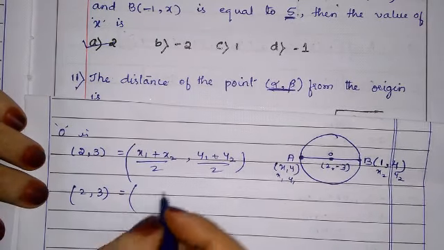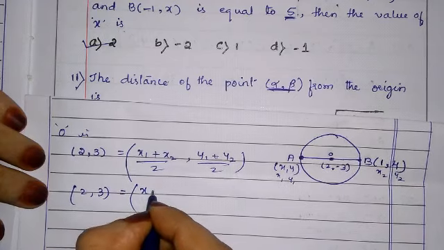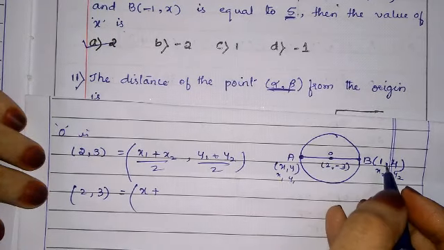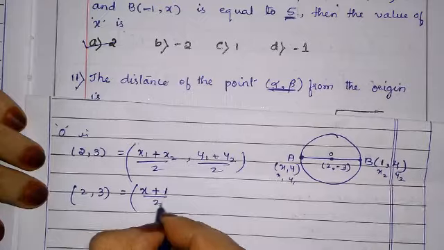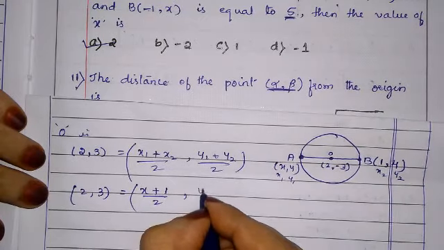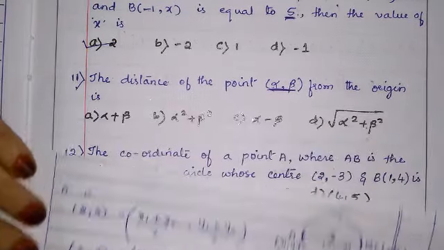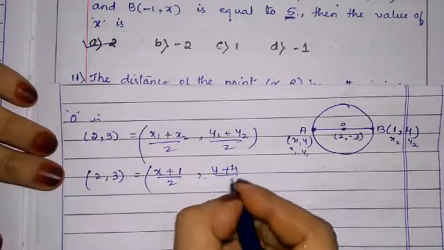Okay. x1 is x, plus x2 is 1, by 2, comma, y1 is y, plus y2 is 4, by 2.